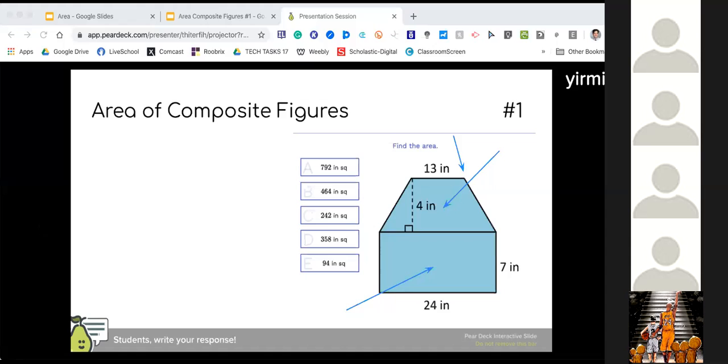If you haven't responded, let me give you about another 45 seconds or so. So I'm going 24 times 7, and then I'm doing what? 13 plus 24, half of it, times 4, and add all that together, right?